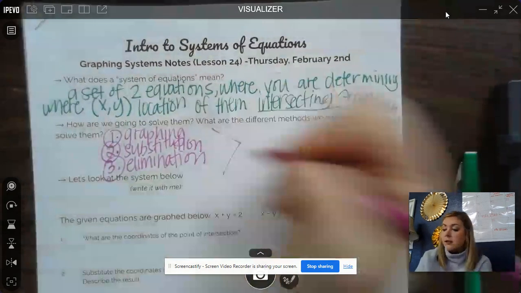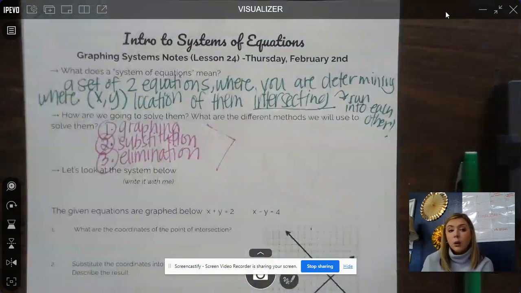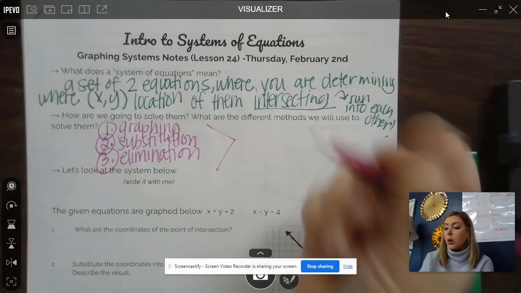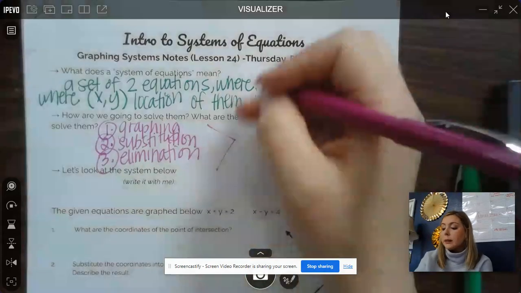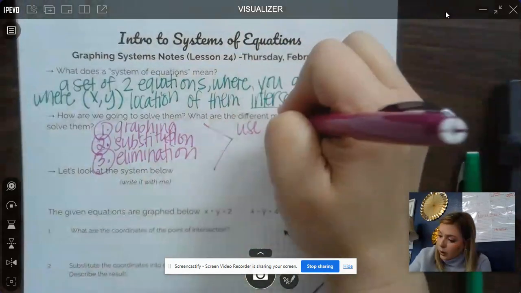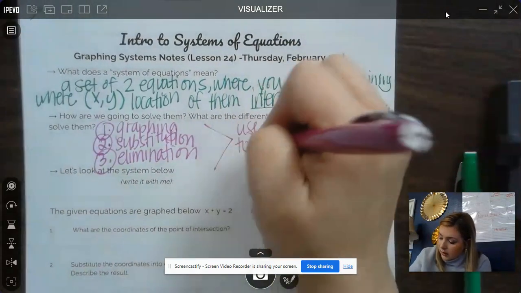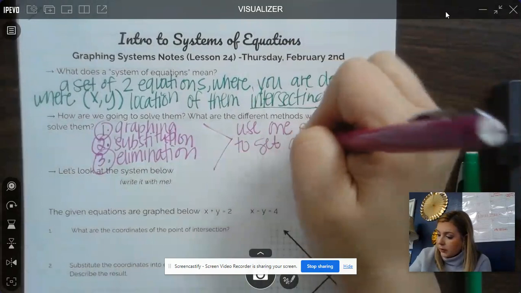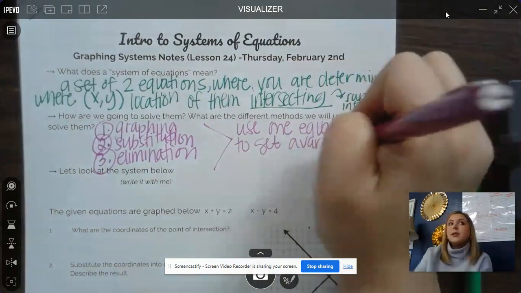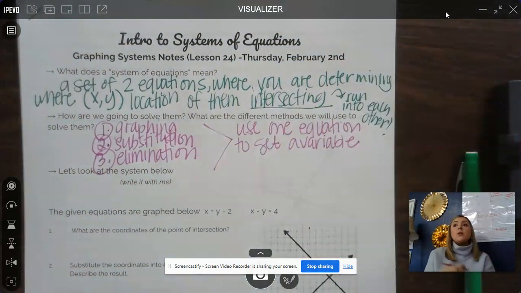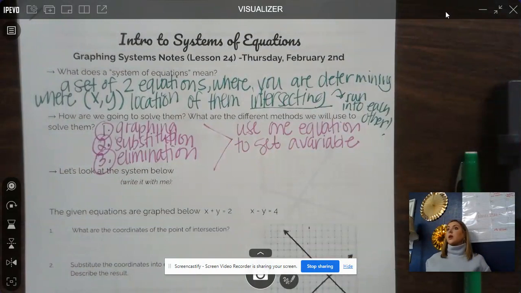And with all of these, our goal is always the same. We're going to do them in different ways, but our goal is always the same. Our goal is going to be to use one equation to get a variable. So essentially taking those equations to get an x, and then once we have the x from those equations, we can plug in the x and get the y.